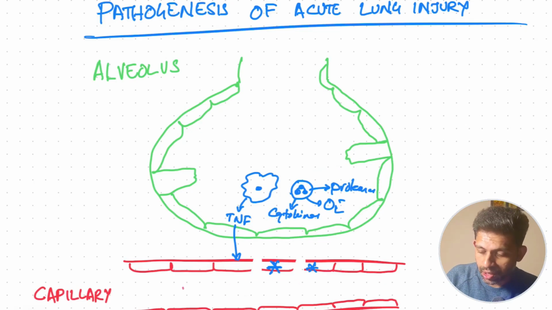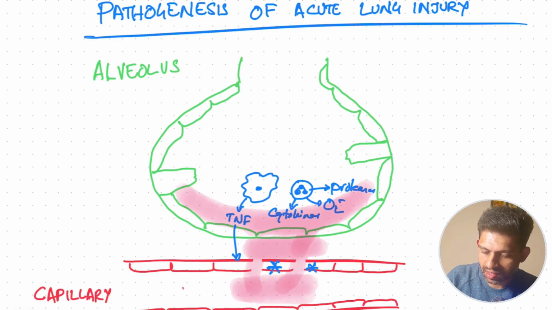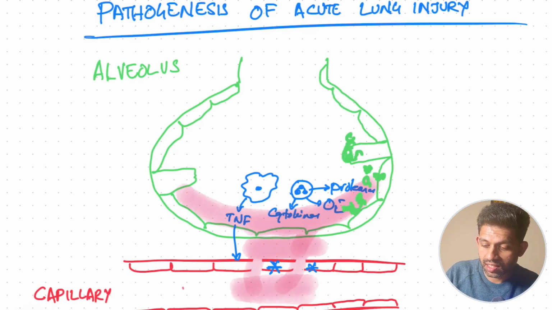These leaky endothelial cells let out protein-rich fluids into the interstitium, which later enters the alveolus. This is inflammatory exudate and not transudate. This edema fluid, along with all the injured necrotic alveolar cells, produce a very characteristic finding in this disease.